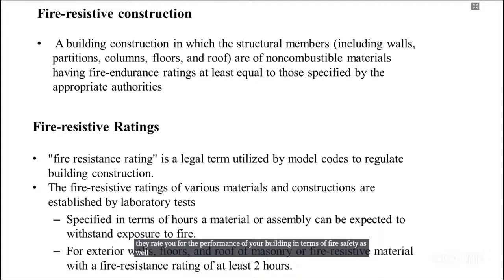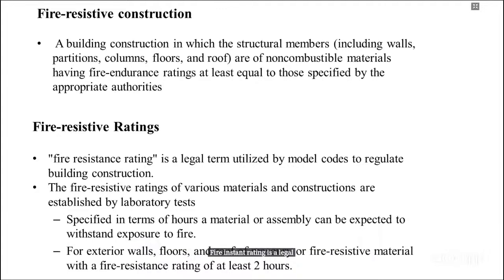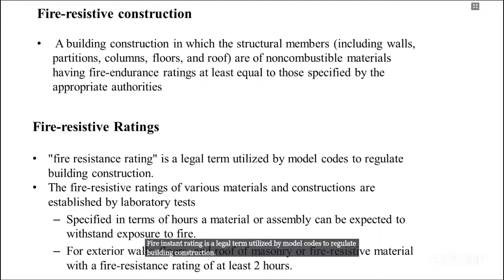Fire resistant rating is a legal term utilized by model codes to regulate building construction. The resistive ratings of various materials in construction are established by laboratory tests. Obviously, if you are claiming that it withstands fire for around 40 years, then you need to make an analysis.